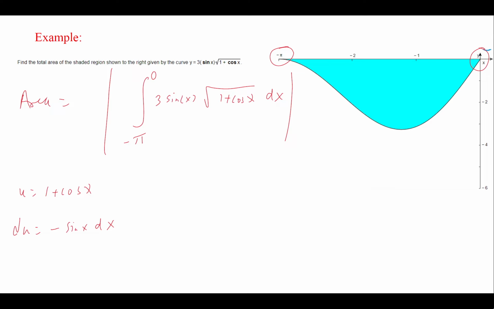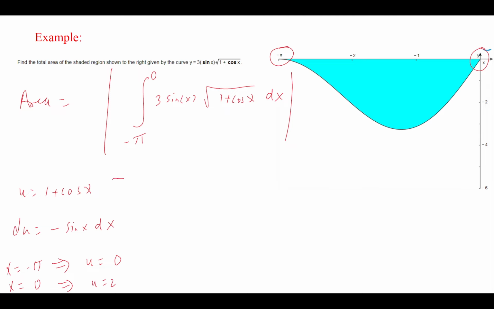Okay, and when x is negative pi, by plugging x equal to negative pi here, the u would be 0 because 1 and then cosine pi is actually negative 1, so 1 minus 1 is 0. When x is 0, that means 1 plus cosine 0, which is 1 plus 1 is 2.